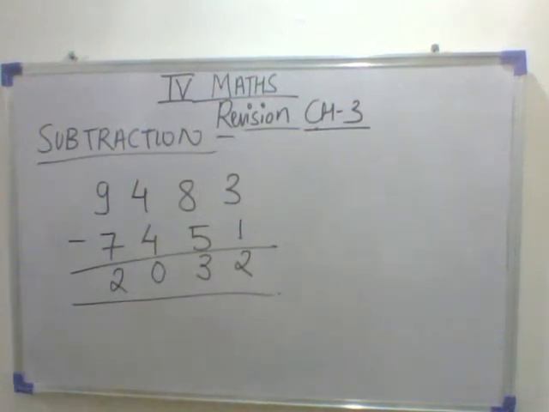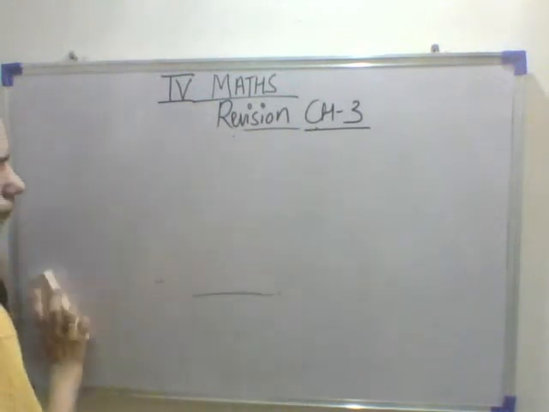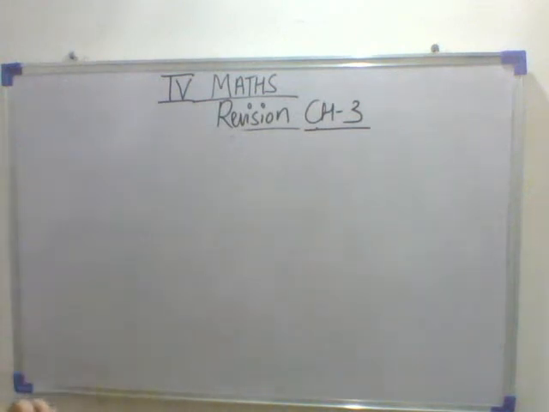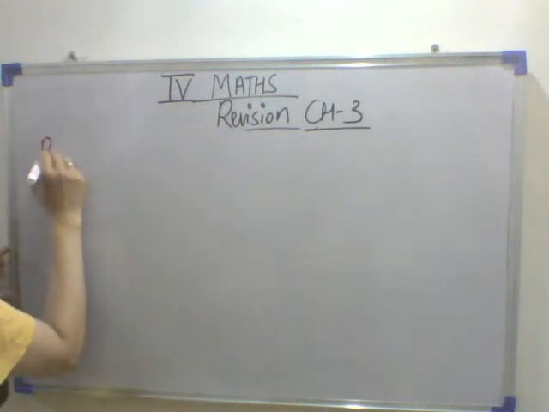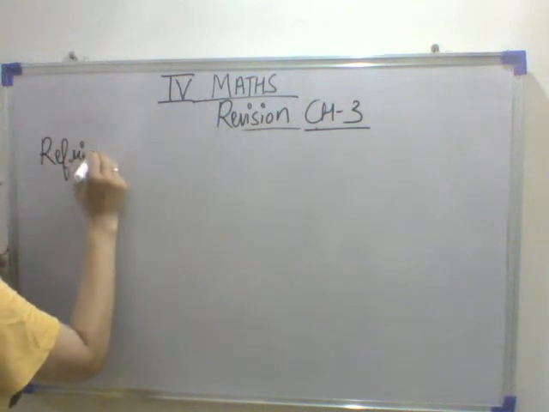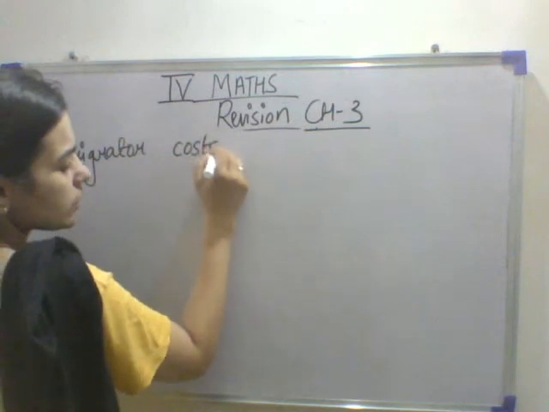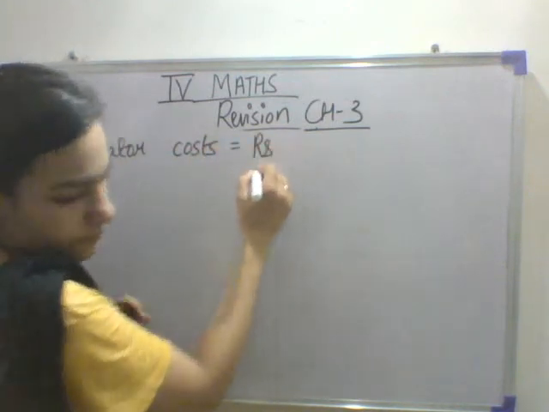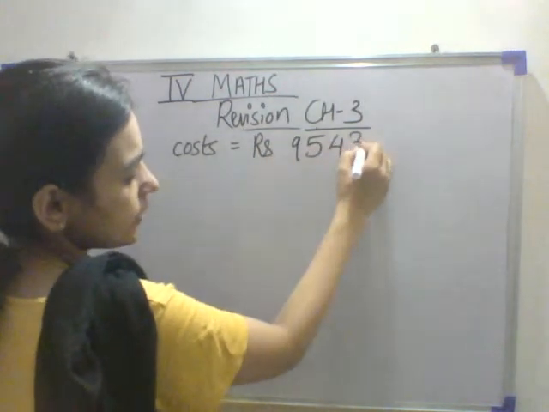Now let us take a word problem. A refrigerator costs, the cost of the refrigerator is given. What is the cost of the refrigerator? It is rupees 9,543.